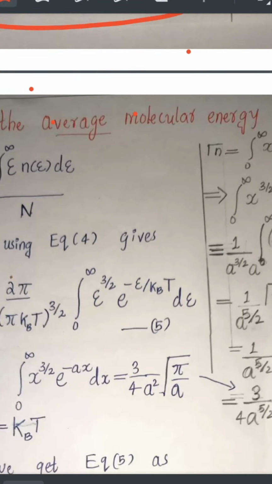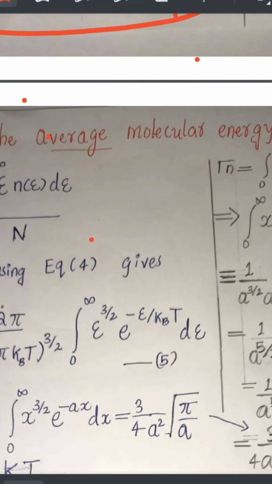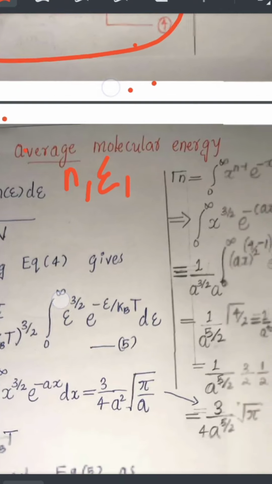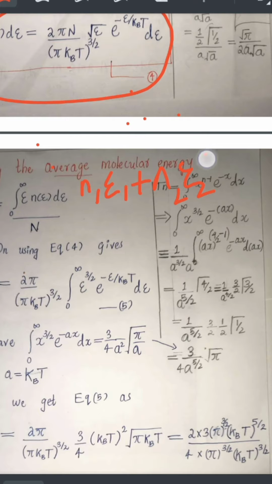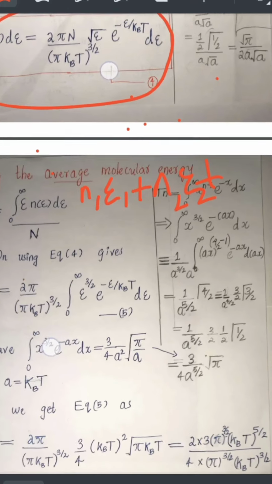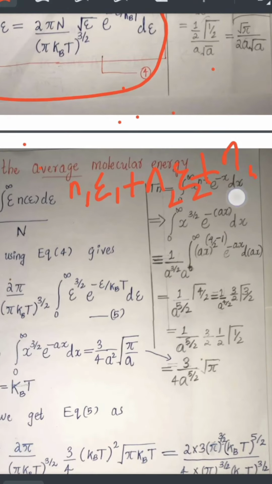Suppose n1 number of particles have energy E1, n2 number of particles have energy E2, and n3 number of particles have energy E3.